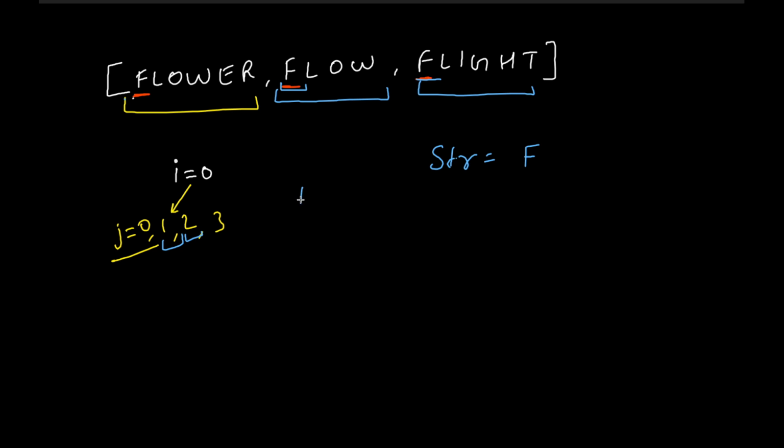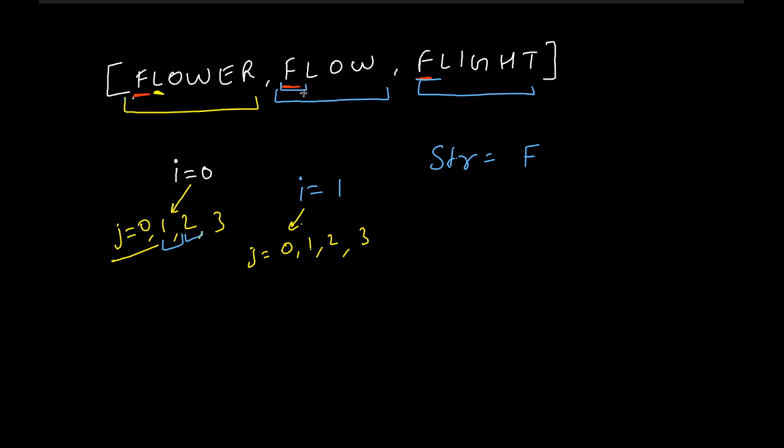Now when i is 1, we will again check for j 0, then 1, then 2, then 3, and so on. Now i is 1, that means we are at the second character among all the strings.